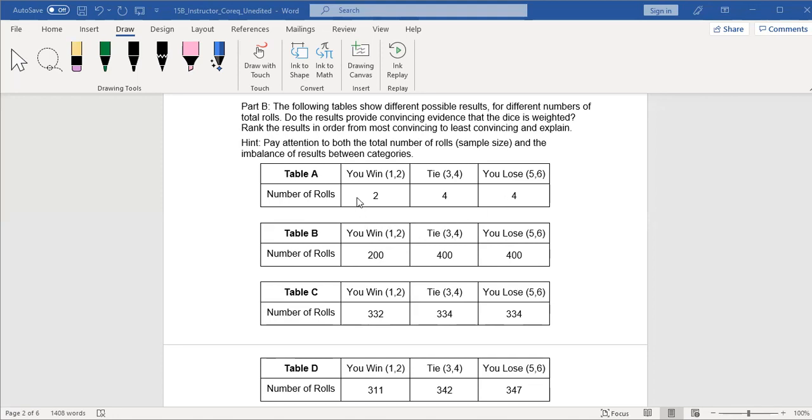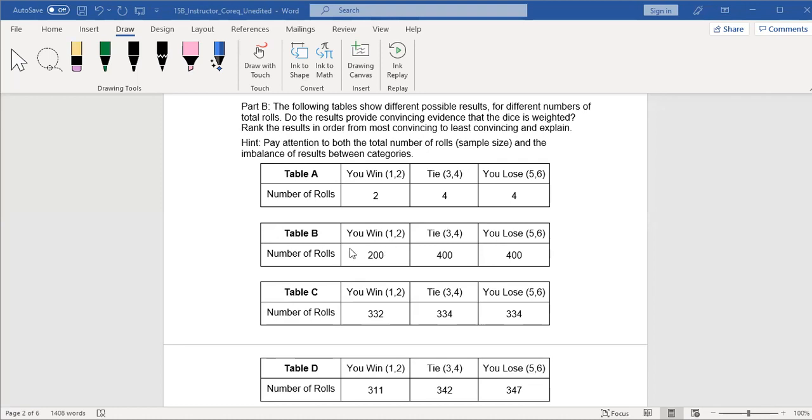So we're going to focus on the frequency for the lower numbers and the frequency for the higher numbers and try to compare. If I look at table B and table A, you will see that the frequency for the lower numbers is half of the frequency of the higher numbers. And that's convincing that there is something unfair here.